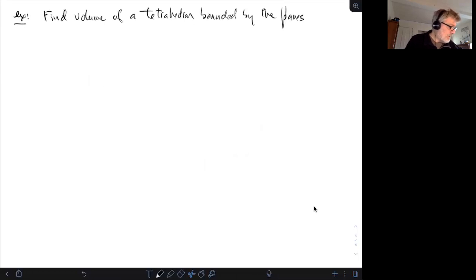So here are the planes: x plus 2y plus z equals 2, x equals 2y, x equals 0, z equals 0.